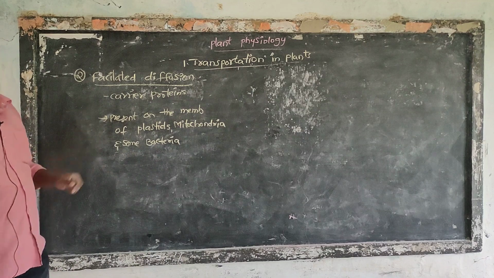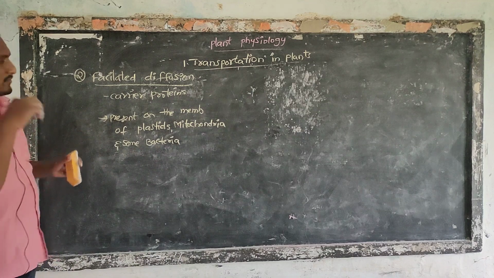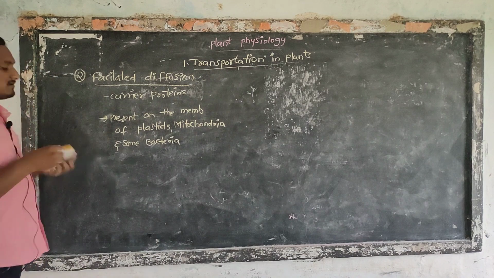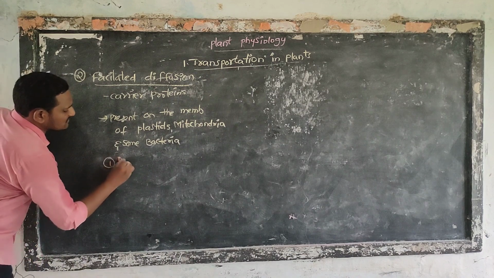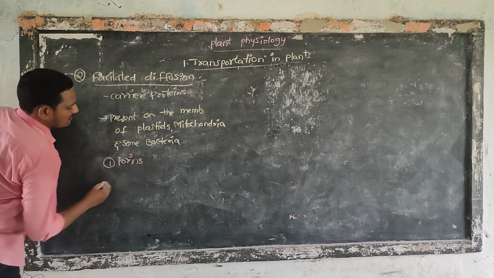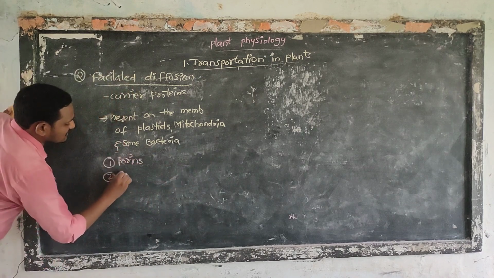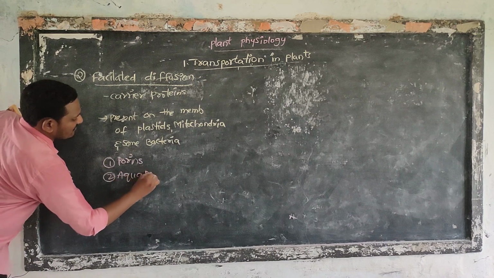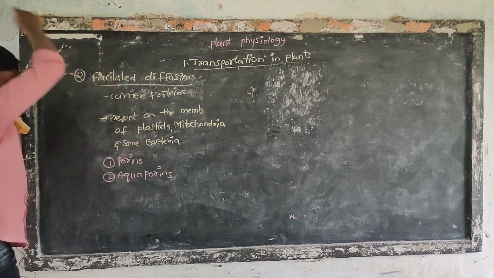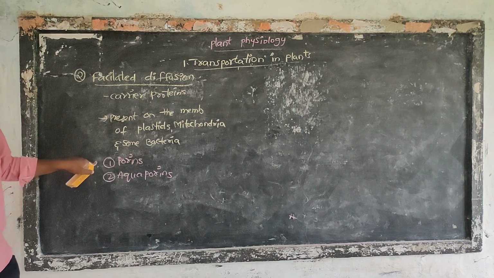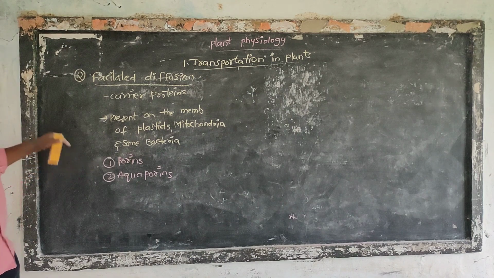These are the facilitated proteins, they are carrier proteins. Two types of proteins are present: one is porins, next aquaporins. These are the different types of proteins which help the movement of substances.